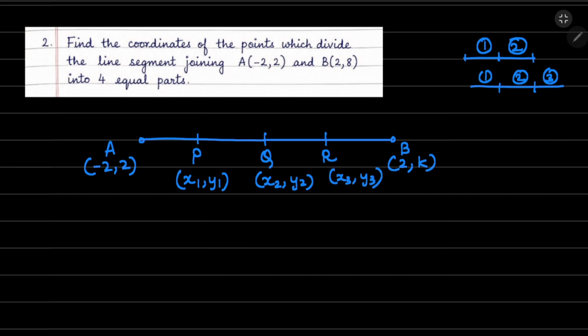Since they are dividing into 4 equal parts, the ratio would be 1 is to 1 is to 1 is to 1. Now, you have to find the coordinates of all of P, Q, R. So for the point P, if you take, you have your line segment AB.